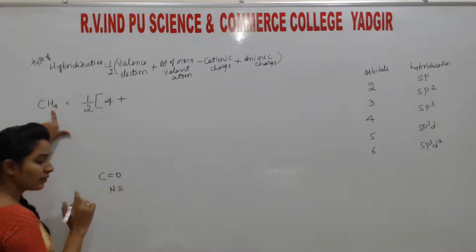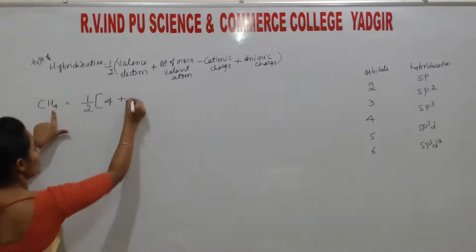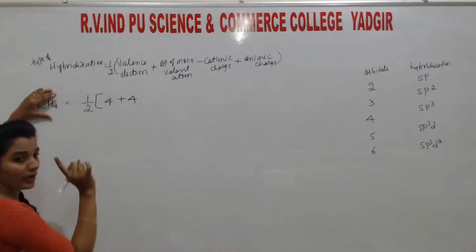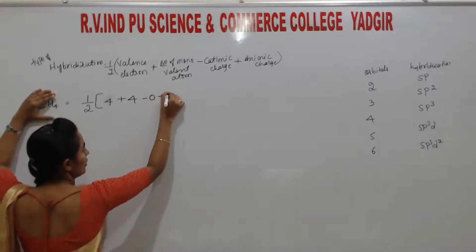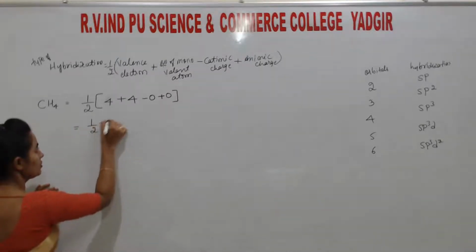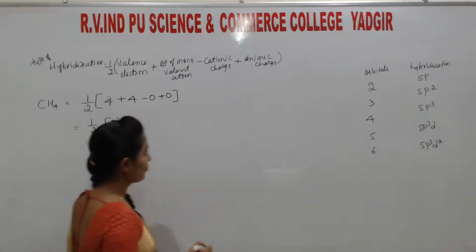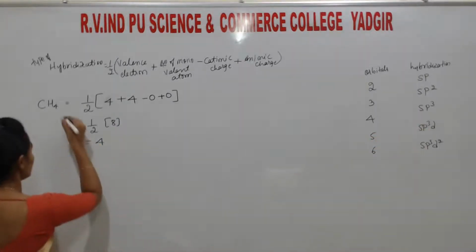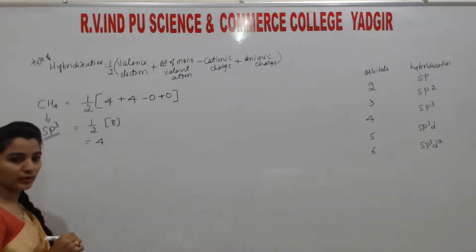So hydrogen monovalent means 4. Here on the species there is no minus charge, no plus charge, so minus 0 plus 0. So that is 1 by 2 into 8, equal to 4. So students, if 4 orbitals are there, which hybridization is it? sp3 hybrid orbitals.